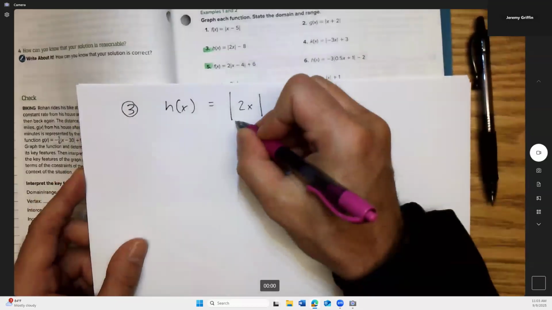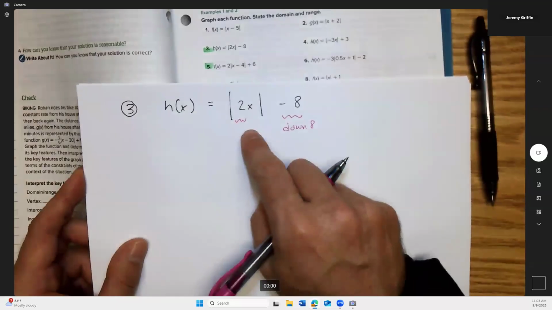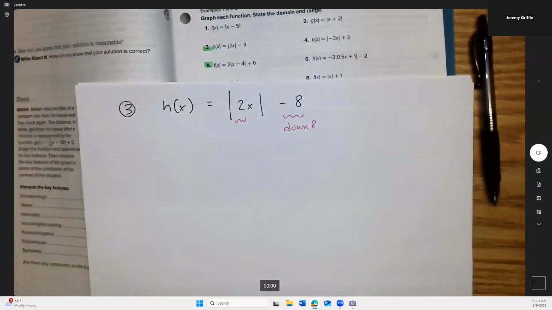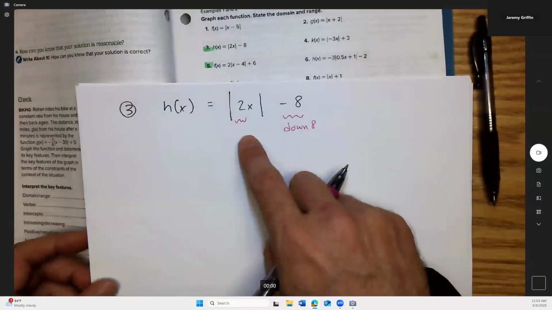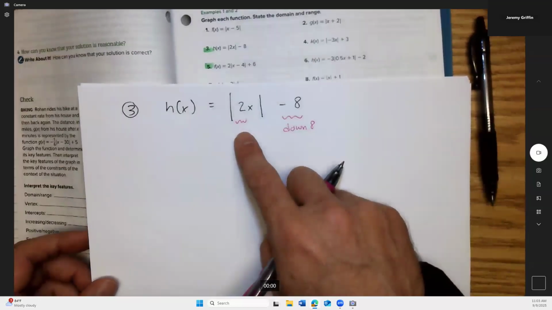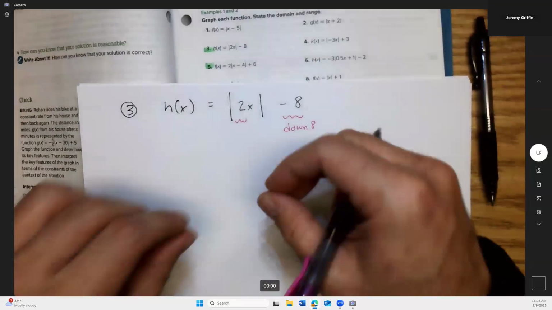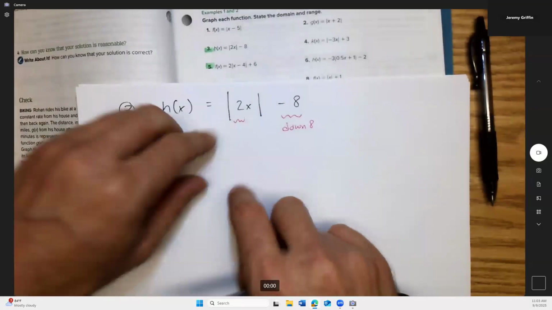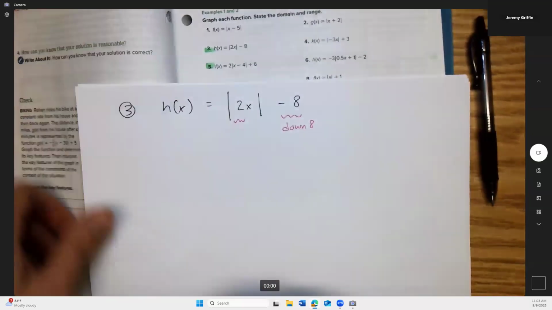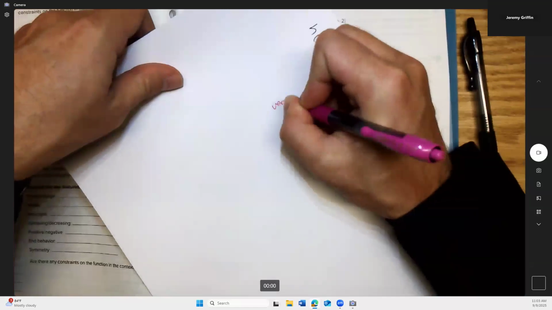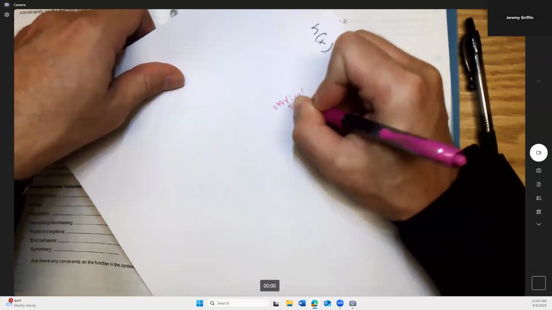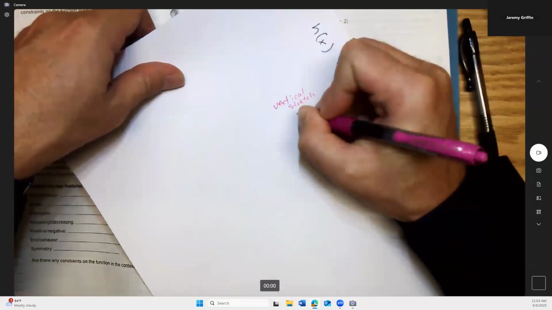Now, this 2 on the x could have one of two interpretations that end up being the same result either way. Guys, what's one interpretation of that 2? Could you pull a 2 out and make that a vertical stretch by a factor of 2?